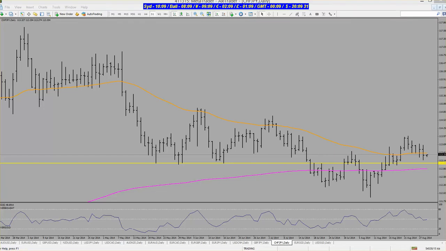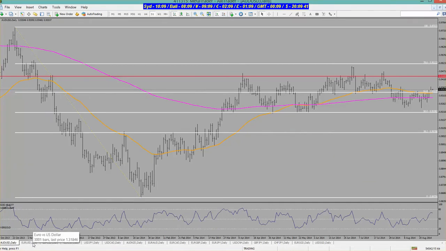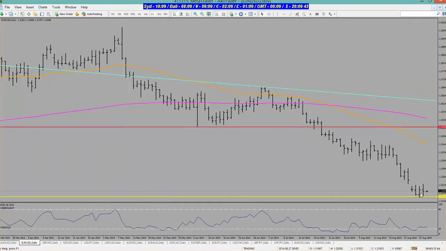Look, lots of potential phase 1 starting next week with the US and Europe coming back off their summer breaks. The majors, Aussies going sideways, everything else is falling, and looks like they're doing a phase 2.